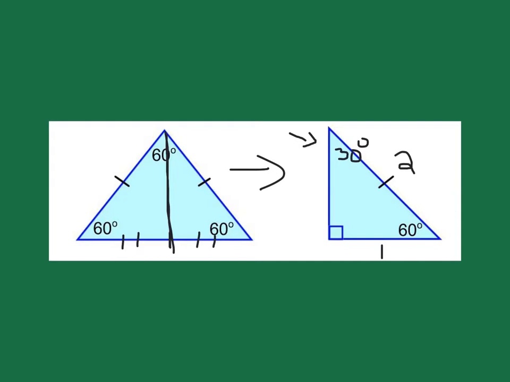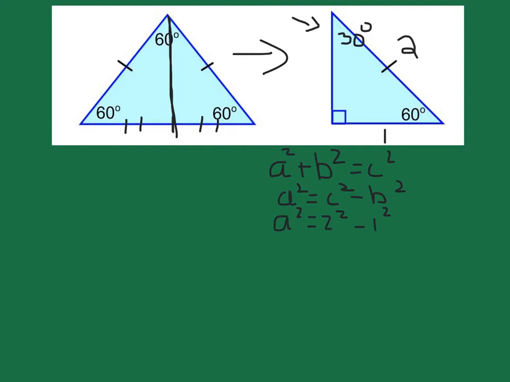I know that a squared plus b squared equals c squared. So if I'm trying to find a short side, which I am in this case, then I'm just going to take c squared minus the other short side squared. So I've got a squared equals 2 squared minus 1 squared, or a squared equals 4 minus 1.